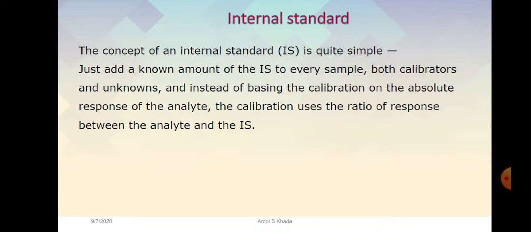So let's say we are doing a calibration curve where we use 5 different dilutions of standard; along with each standard dilution, we will add a known amount of our internal standard. And we have a sample whose concentration we want to find out. In that unknown sample also we will add a known amount of internal standard. So internal standard addition is applicable in all the standard dilutions as well as in the sample, and the quantity is the same.